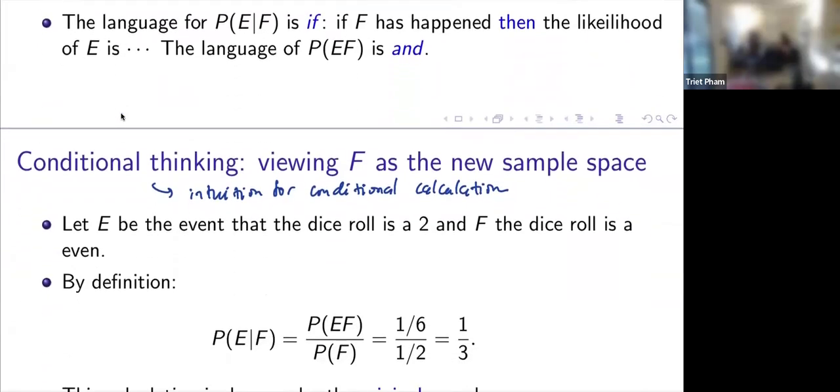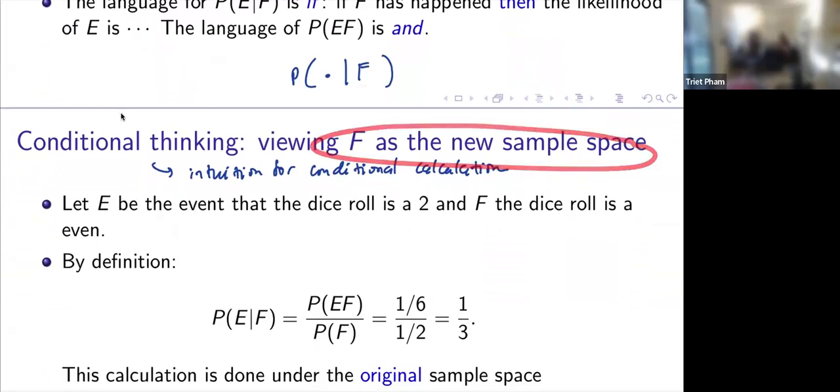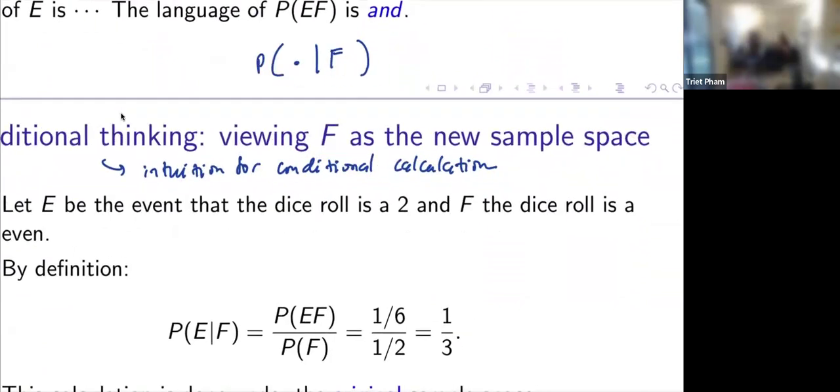Basically, when you condition on F, whatever you put in here, because really, when you condition, F is a fixed event, and you just calculate everything based on F, then you could look at F as your new universe or the new sample space. Meaning everything is viewed relative to F.